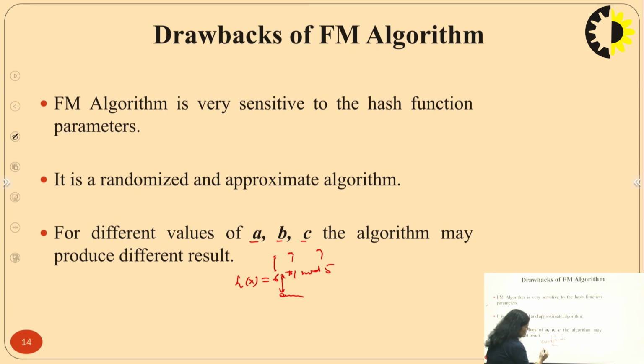So I can write that my hash function is of the form (ax + b) mod c. Whatever parameters you have selected for your hash function critically determine the efficiency of the algorithm. How close you will be to the exact solution will be determined by the settings of the a, b and c parameters in your hash function.